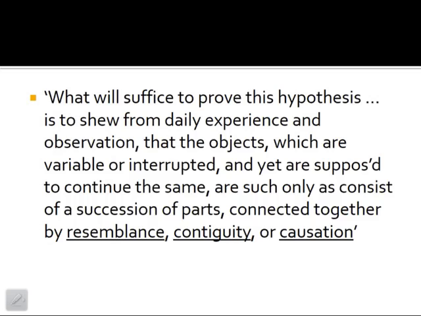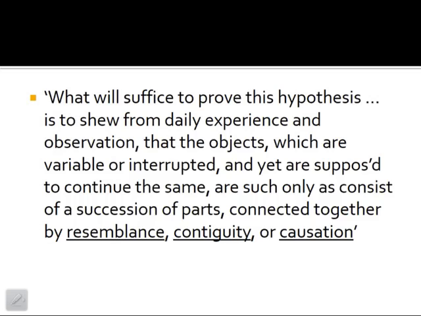Now, I thought it would be good at this point to stop, and you can see here I've underlined these 3 words: resemblance, contiguity, or causation. We've previously talked about the fact that Hume thinks that diverse objects are connected together by a relation, in other words, some kind of relationship.